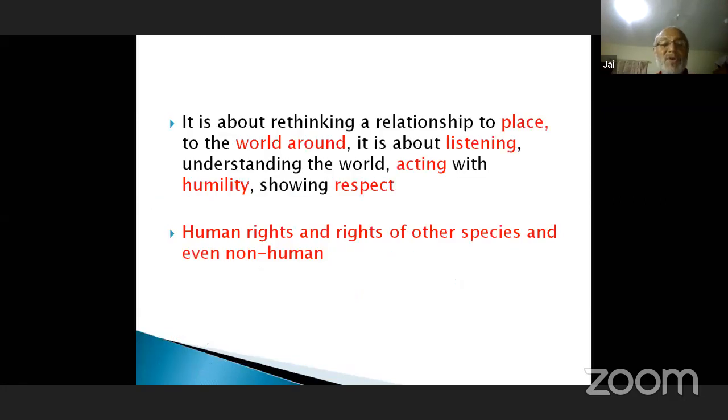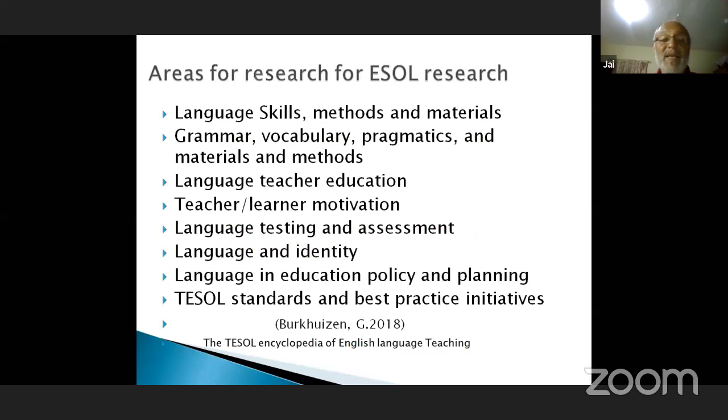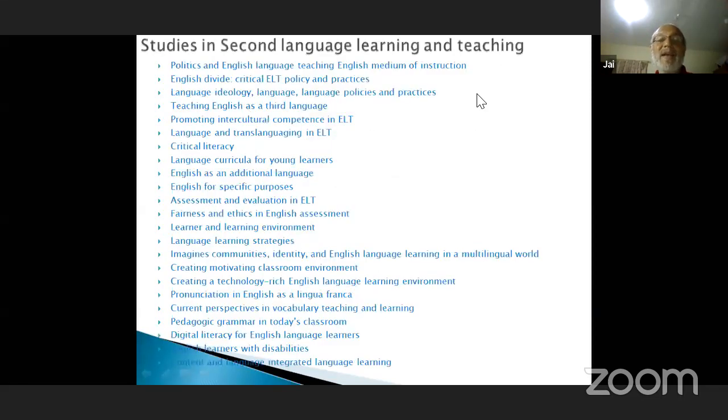Now, compared to, say, Gary's categorization of the research areas, let me take you to the studies in second language learning and teaching. This is the broad category proposed by Studies in Second Language Learning and Teaching for its conference.